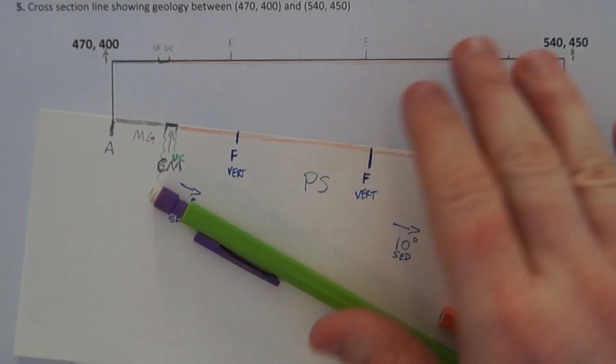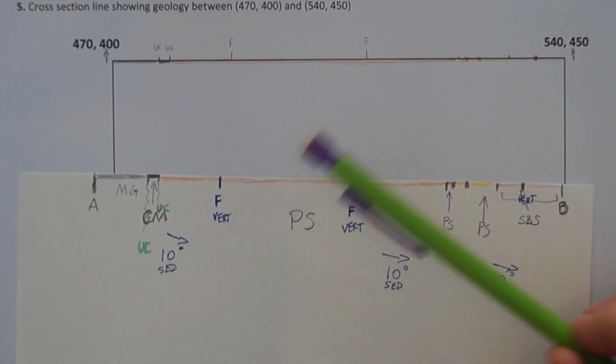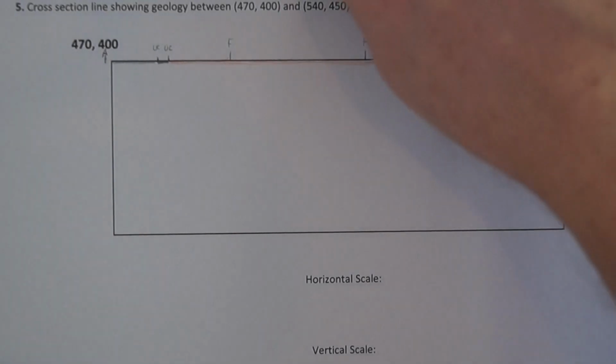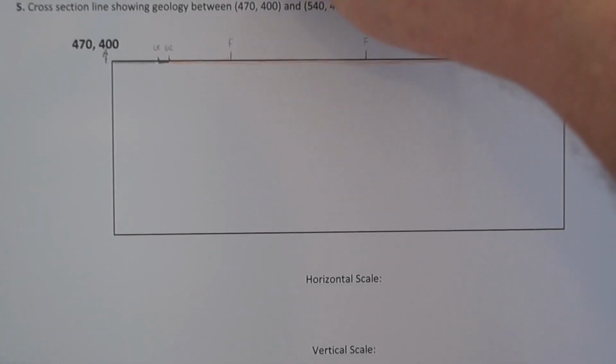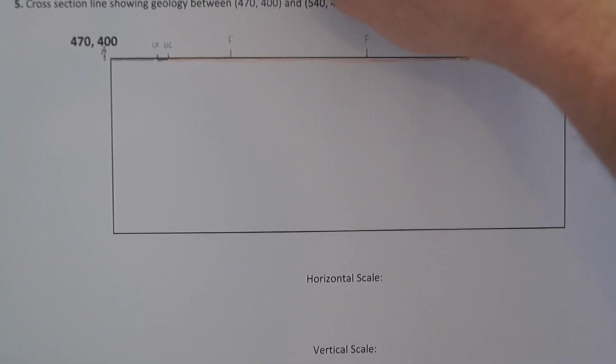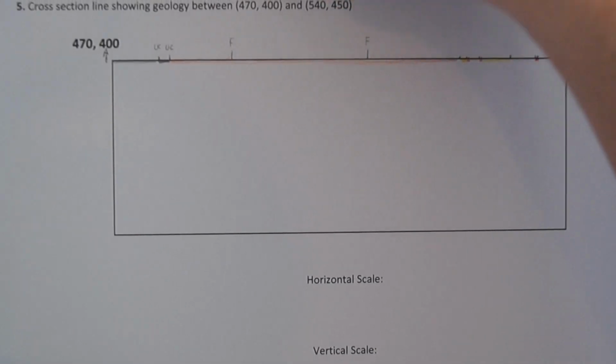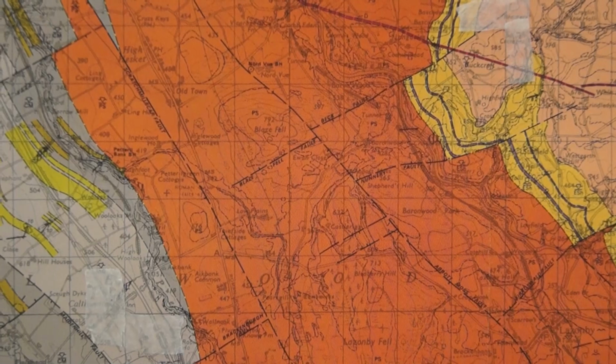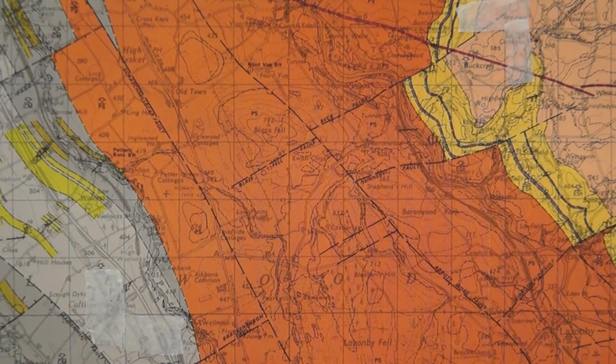Now what I have to do is figure out which one of these features I'm going to plot first. If we skip back to the map a second, if I lift this up so we can see the map, we have to figure out what the youngest feature is. And this map is fantastic.